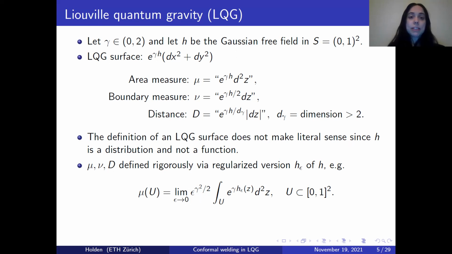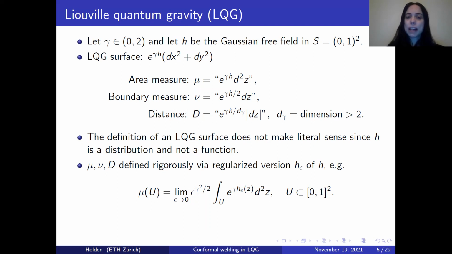This means that it is a surface whose area measure has density e to the power gamma h relative to Lebesgue area measure. It is a surface whose boundary measure has density e to the power gamma h over 2 relative to the Euclidean length measure along the boundary of the domain. The surface also has a metric or a distance function, which is defined such that the distances are locally rescaled by e to the power gamma h divided by d sub gamma, where d sub gamma is the dimension of the surface.